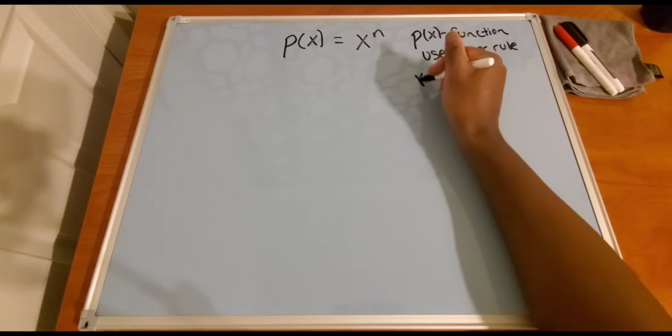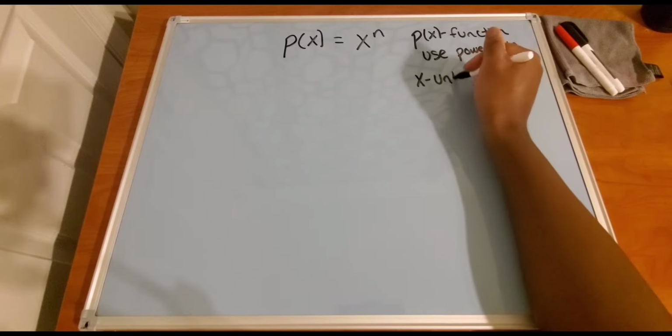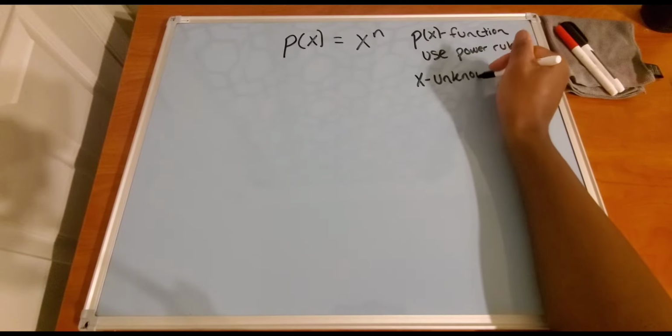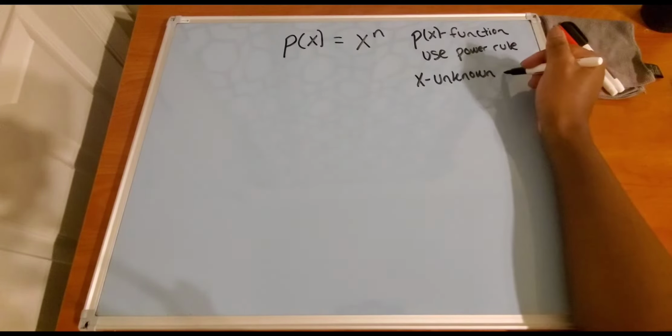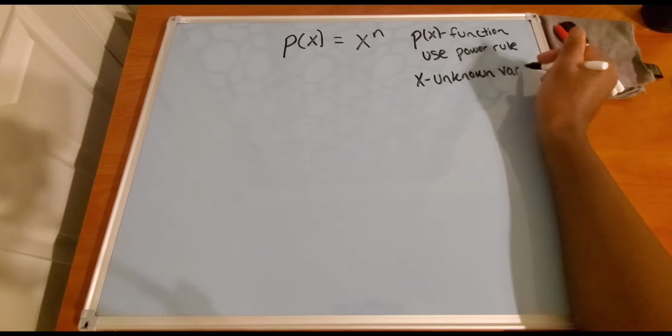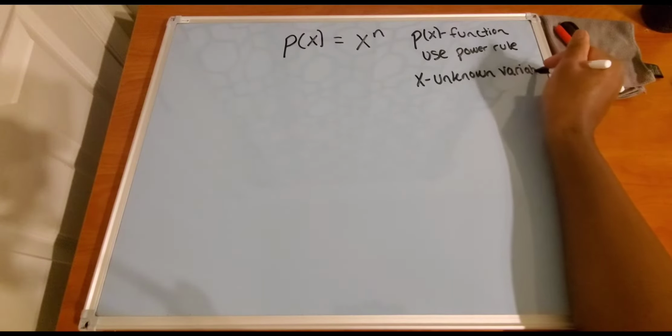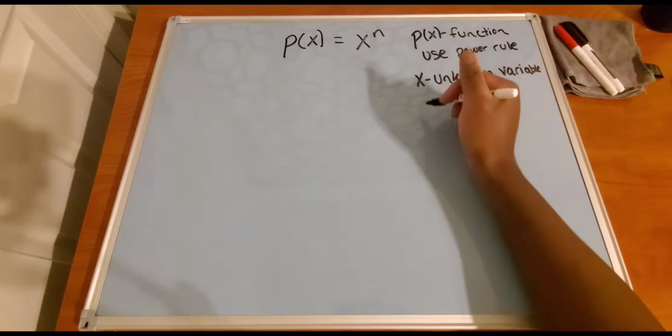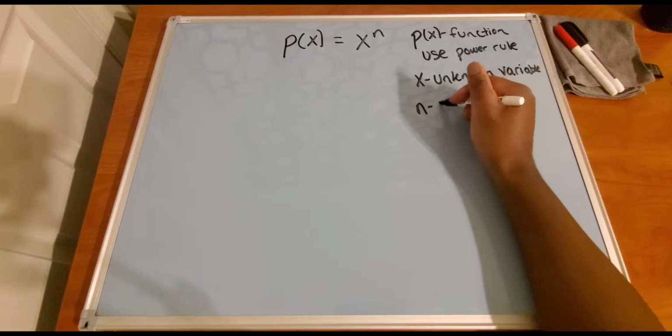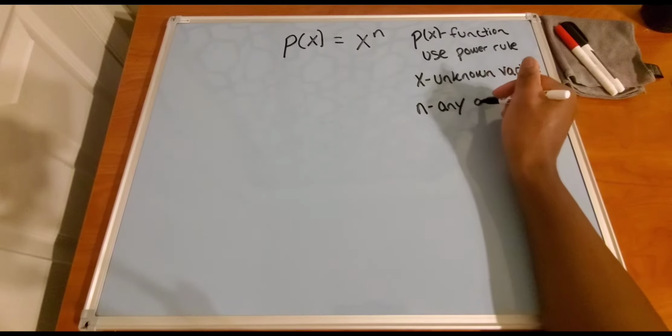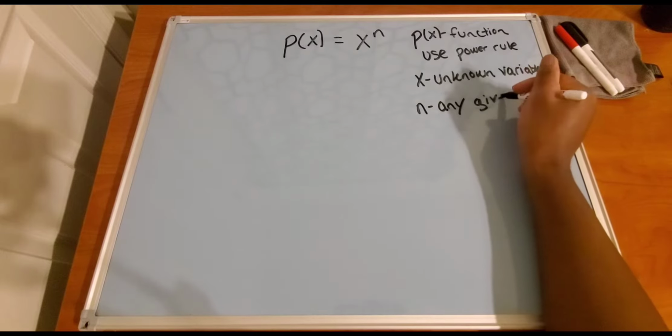We will call x our unknown variable. For power rule, it's an unknown variable. If it was an entire unknown function, then it would be chain rule. And n will just be any given number.